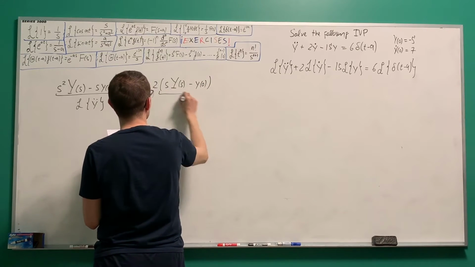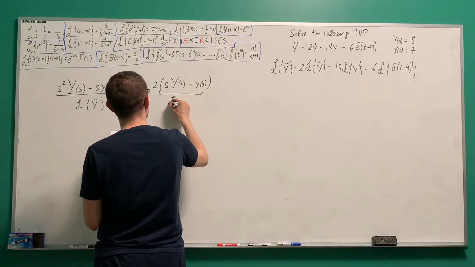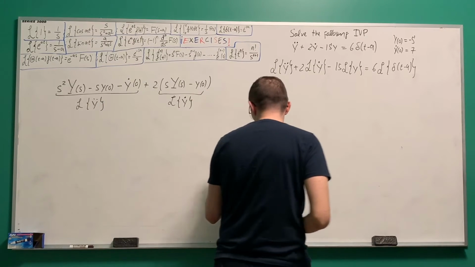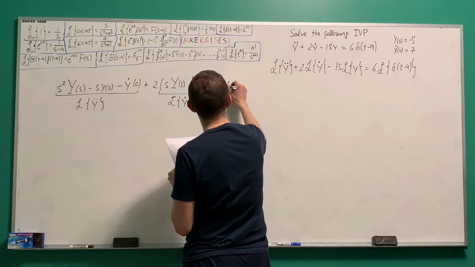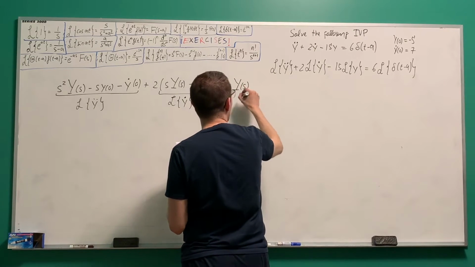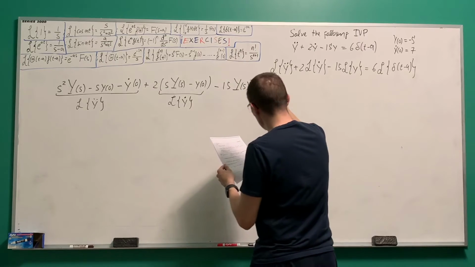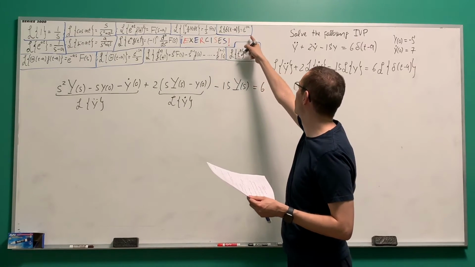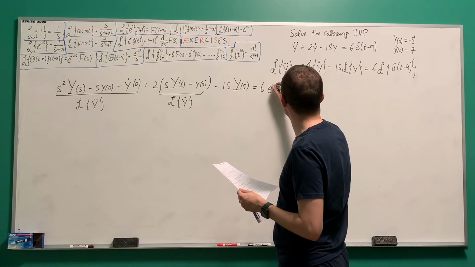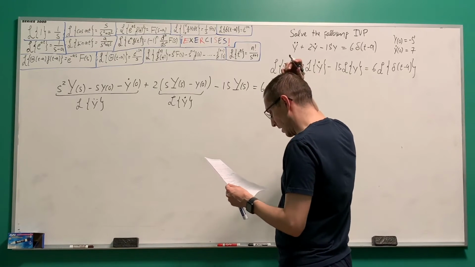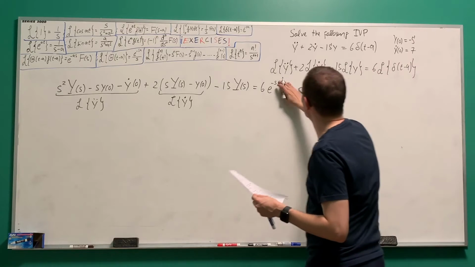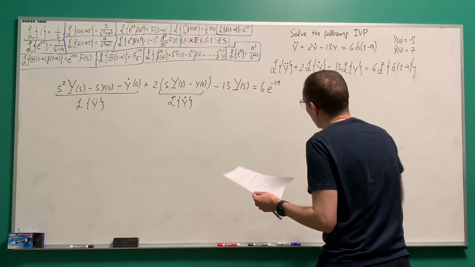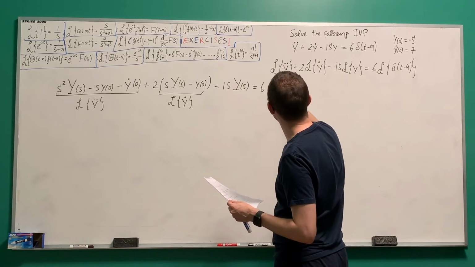This is of course with the same formula, the Laplace transform of y dot. And then finally, minus 15 capital Y of s, that's the transform of y, equals 6 times the transform of the delta. Remember that we did it very easily with the definition: 6 e to the minus 9s.